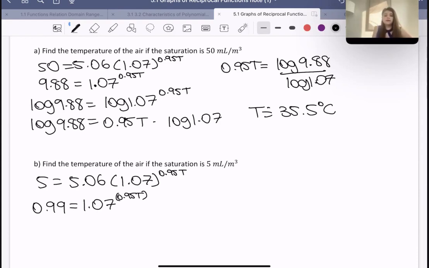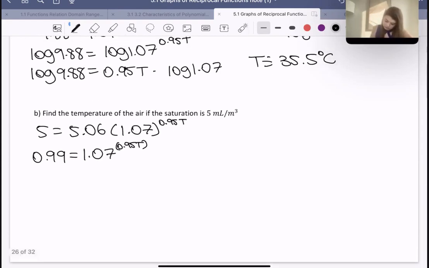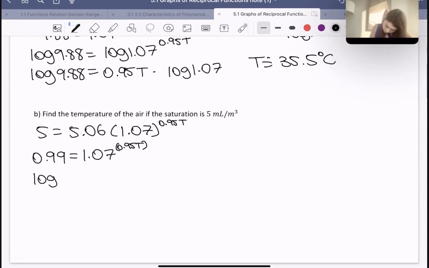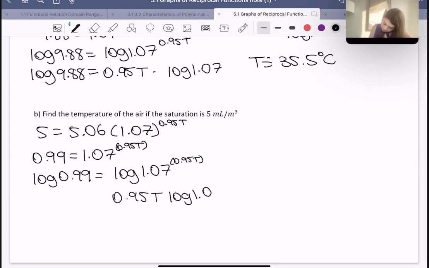Okay, then we're going to log both sides. So we're going to get log 0.99 equals log 1.07 to the power of 0.95T. And then we'll put that 0.95T out front. So 0.95T log 1.07 is equal to log 0.99.